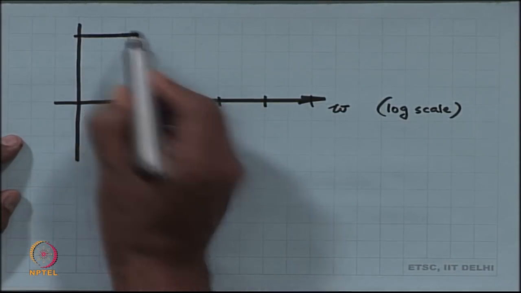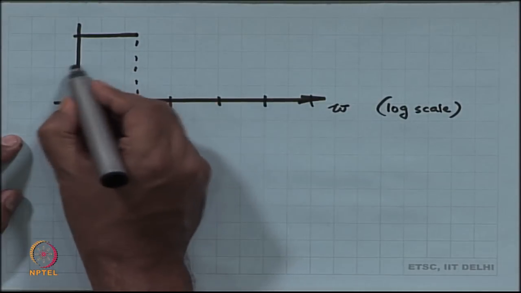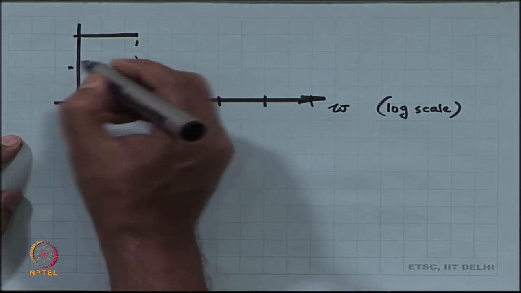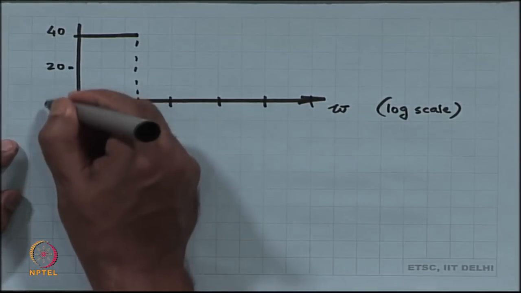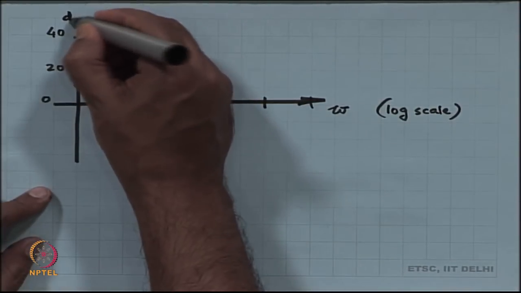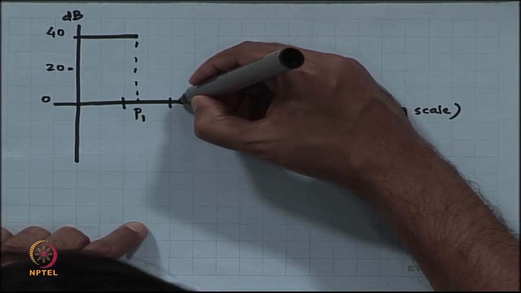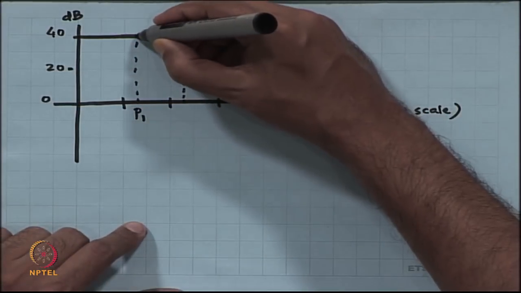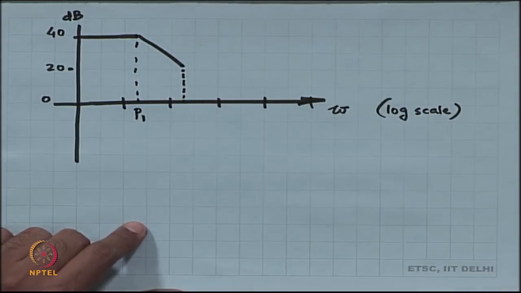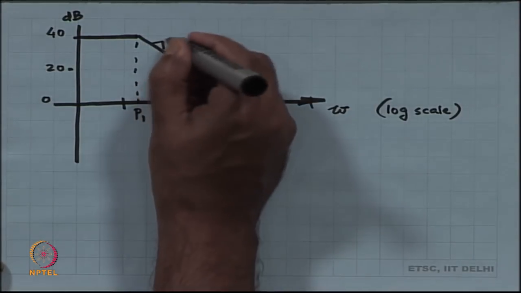If my pole is over here, suppose this is 40, 20, 0 dB, then over a decade you are going to get a drop of 20 dB per decade after the pole.